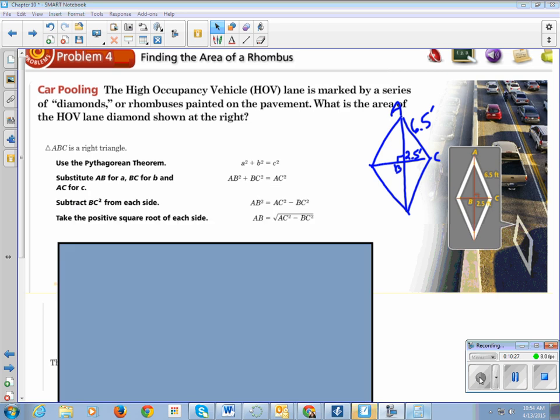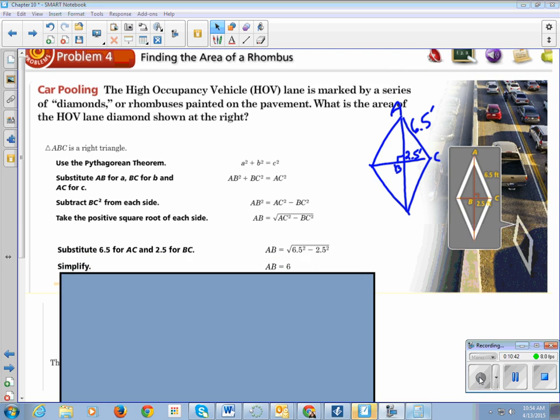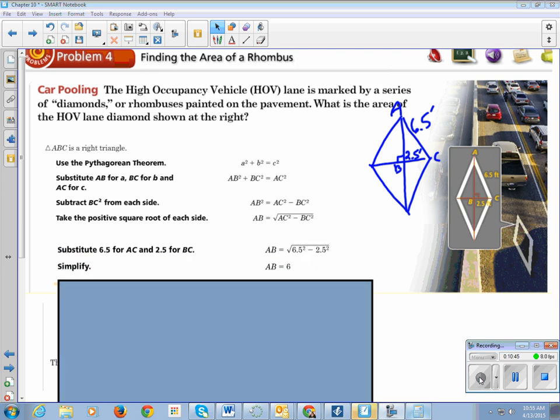So we're going to solve for AB, and we do that by taking AC, which is our 6.5, and BC, which is our 2.5. So it's taking the information that we have, using the Pythagorean theorem to find our distance from here to here.